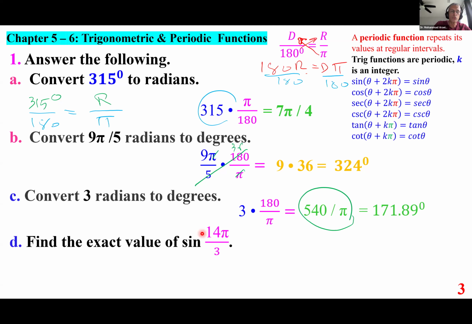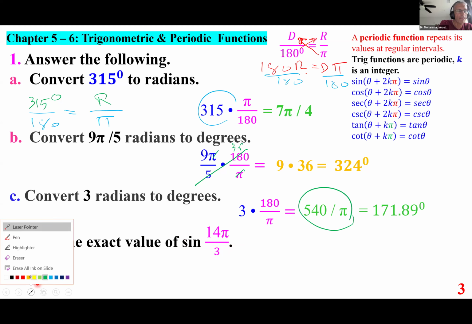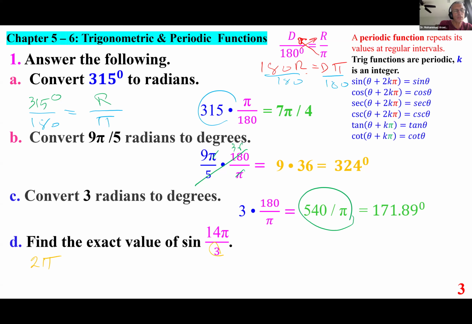So all you have to do, because this is sine, take off multiples of 2 pi or add to it, depending upon whether it's negative or positive. This is larger than 2 pi because remember, since the denominator is 3, this is 6 pi over 3.